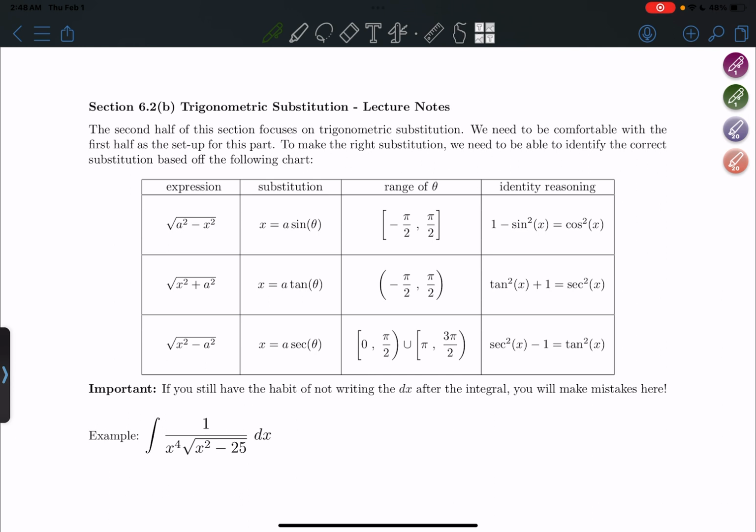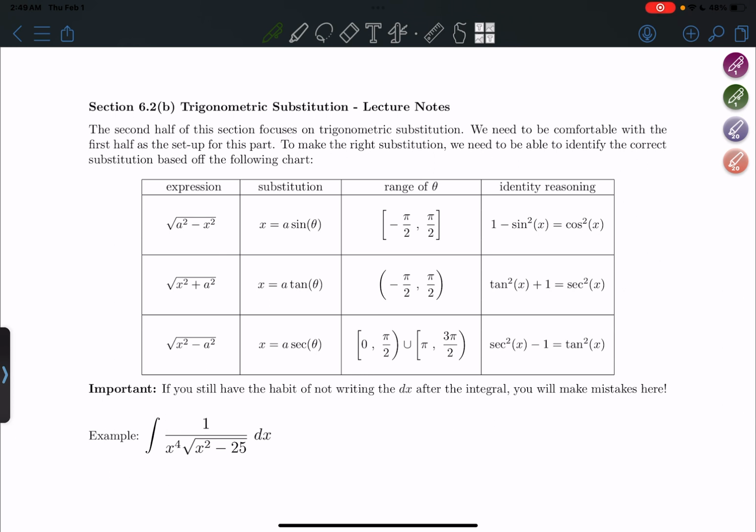Now we're in almost entirely new territory here. Trigonometric substitution is great in dealing with radicals, and radical functions show up quite often in mathematics, so we would love to be able to deal with that in terms of integration. The way we handle this is to rely on the trigonometric identities, specifically the Pythagorean identity.